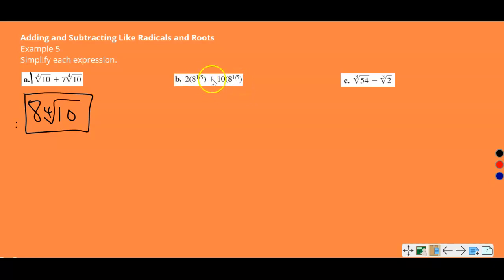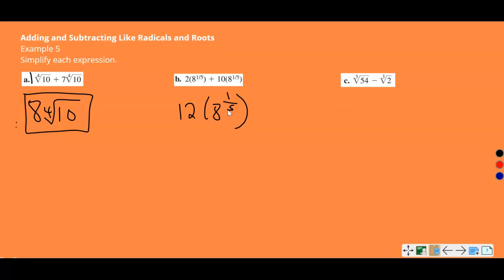So all we do is add the coefficients and keep the variable, or in this case the like radicals, like rational exponents, the same. So 2 plus 10 is 12. And then again, we just keep 8 to the 1/5 power the same. So you're just adding or subtracting like terms, basically. Like radicals are very similar to like terms.